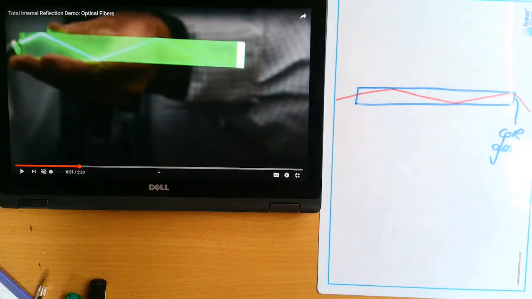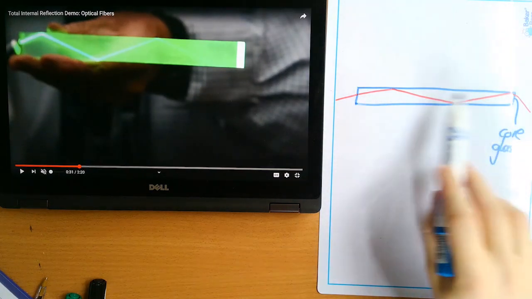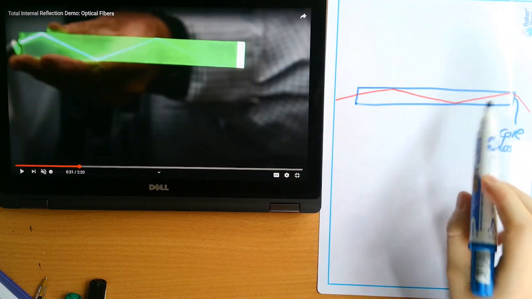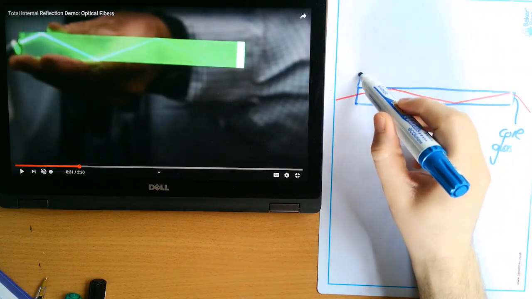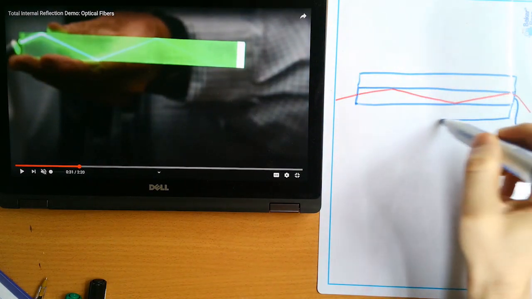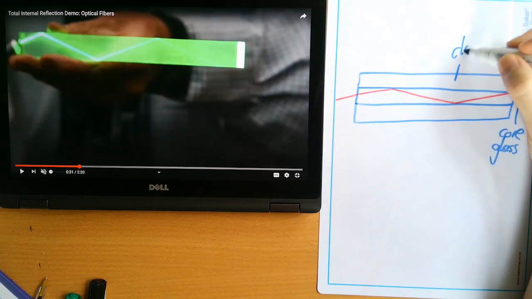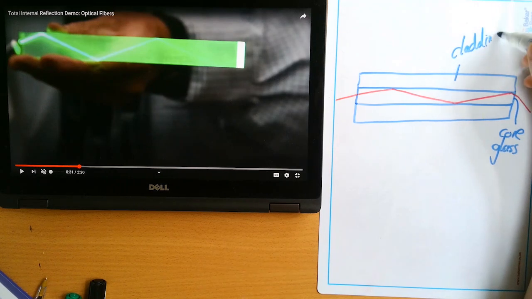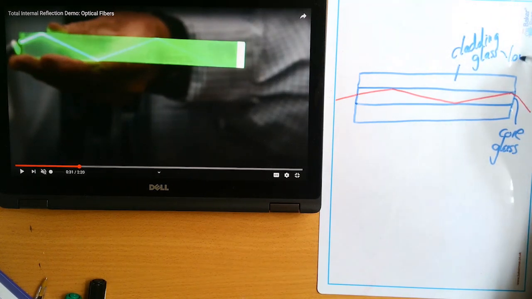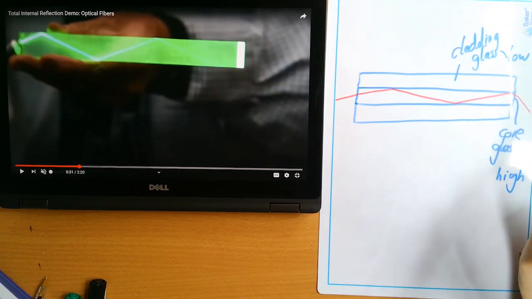So what we do with fibres is we have the core that is made of a high density glass, and it's wrapped in what's called a cladding, which is also glass. So this is cladding and it's also glass, but the difference is that it has a low refractive index and the core has a high refractive index.